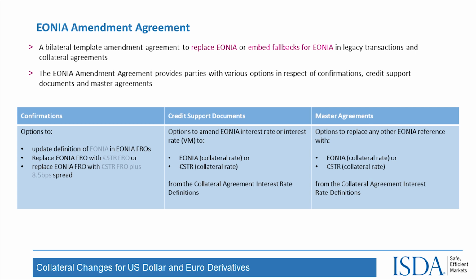It's certainly not one of the specified covered collateral agreements, but they could use this option to amend that IONIA reference that is in that transaction document. And the same as for amending credit support documents, the parties choose to amend that IONIA reference to either the IONIA collateral rate or the ISDA collateral rate, both being the defined terms in the collateral agreement interest rate definitions.